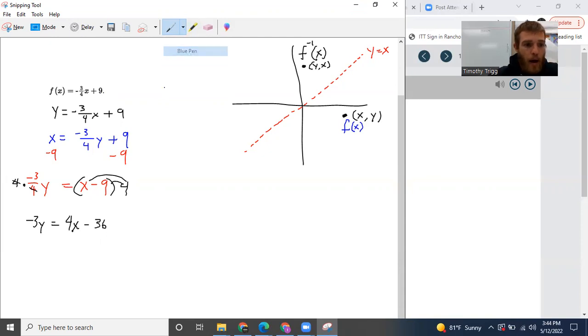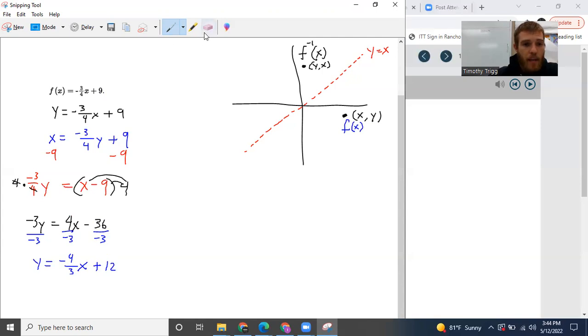Lastly, to get y by itself, we divide by negative 3. And both of these get divided by negative 3 as well, giving us that y equals, we'll call this negative 4/3 x. And then a negative divided by negative, well, that's a positive. So that's going to be plus 12.